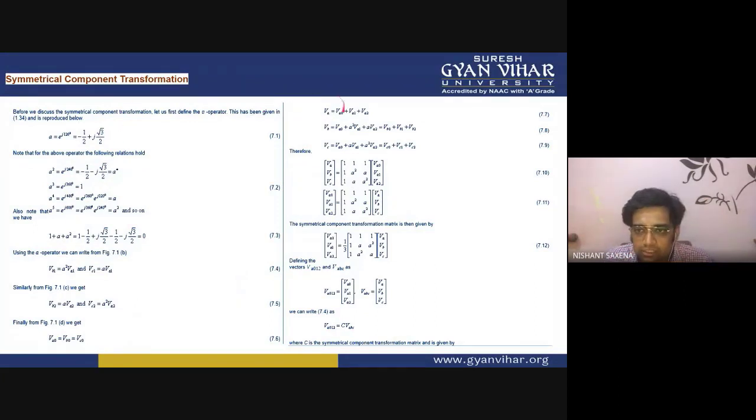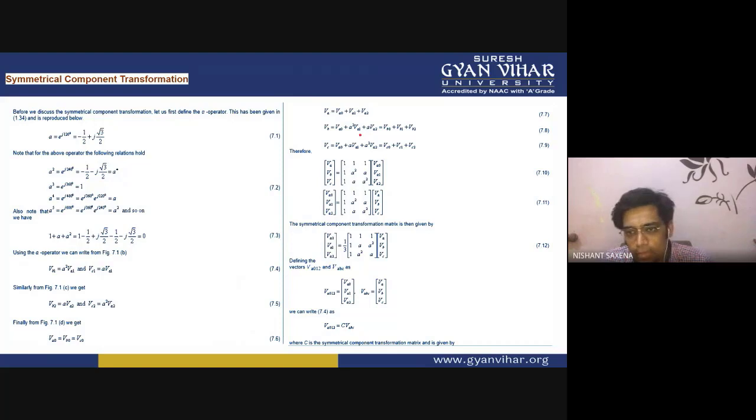VA, VB, VC are the three unbalanced phasors. Look at this. VA, VB, and VC are the three unbalanced phasors which have been resolved into three components, the zero, positive and negative sequence components, VA0, VA1, VA2. The sum of these three will give me the phase A quantity. Similarly, phase B is also resolved into the three components VB0, VB1, VB2.